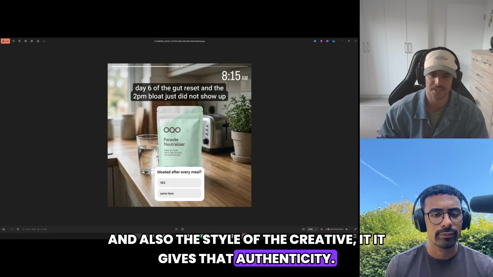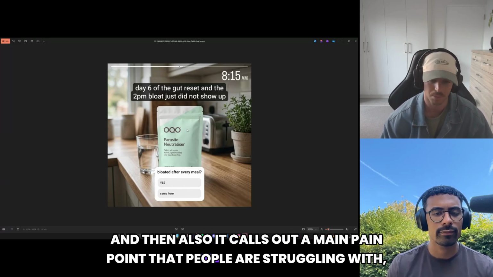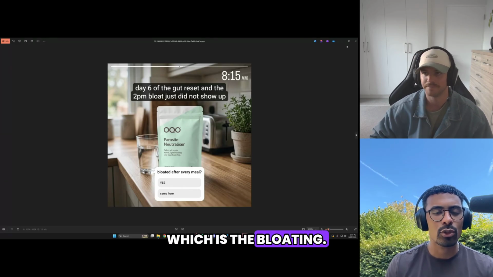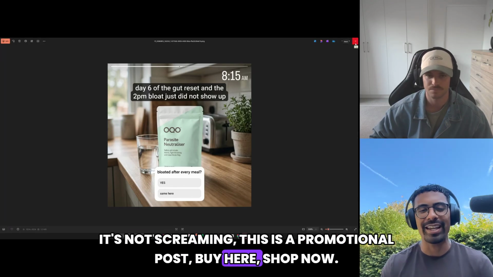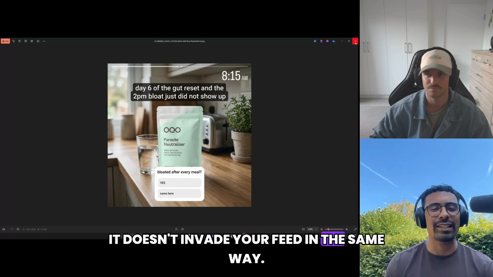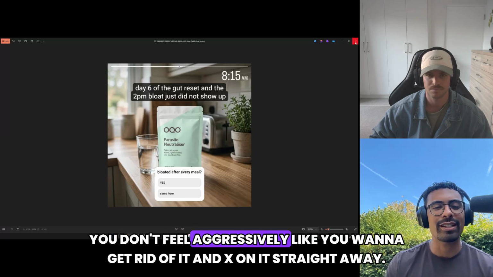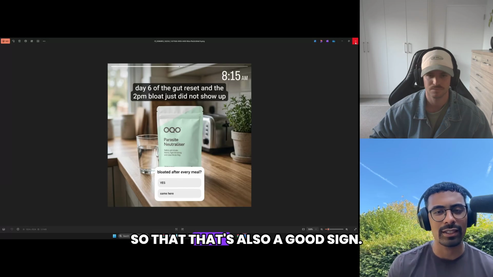It gives that authenticity, and then also it calls out a main pain point that people are struggling with, which is the bloating. It's not screaming, this is a promotional post, buy here, shop now. It is quite natural. It doesn't invade your feed in the same way. You don't feel aggressively like you want to get rid of it and X on it straight away. So that's also a good sign.